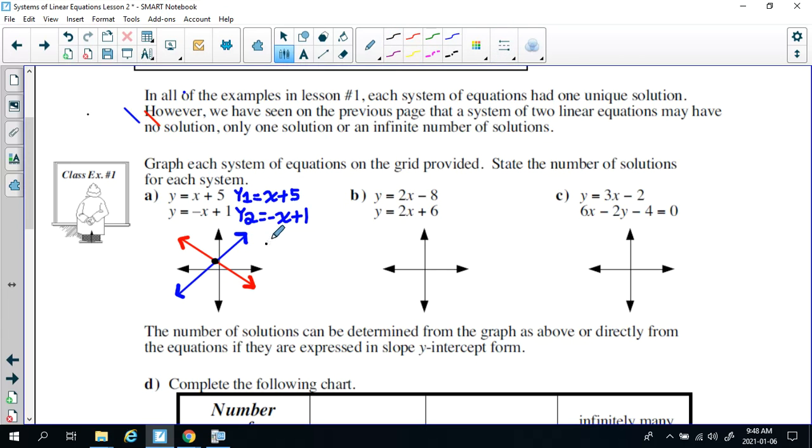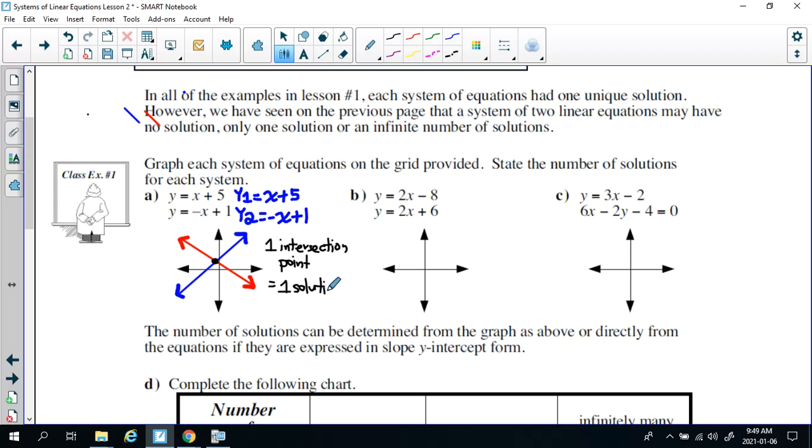So if you have one intersection, that means the system has exactly one unique solution.